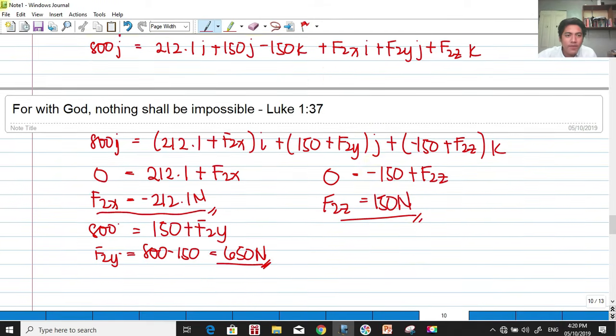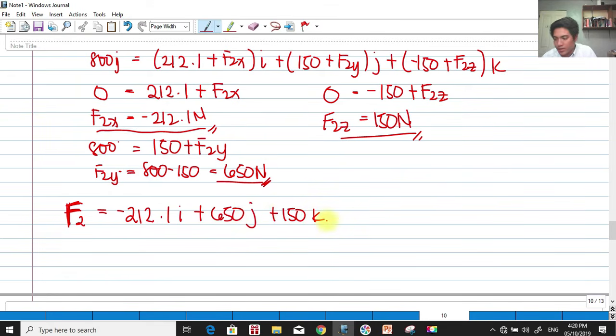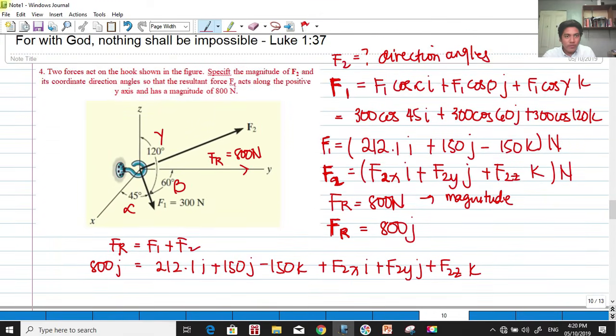Now we can write vector F2 in Cartesian vector form: negative 212.1i plus 650j plus 150k, and that is our answer for the Cartesian vector form of F2.